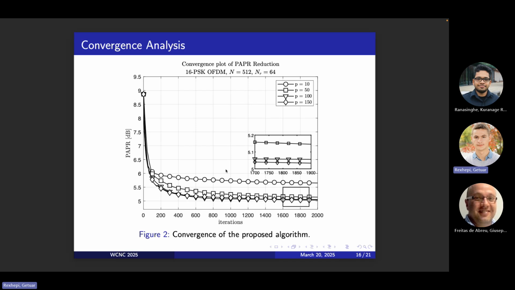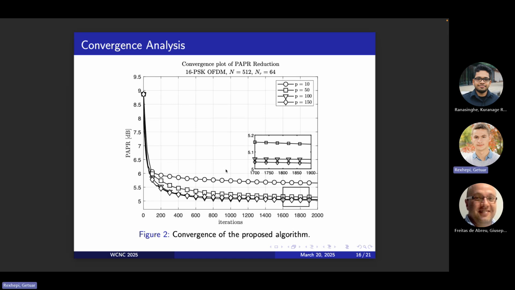modulation. As can be seen in the legend, we use different values of P for the P-norm approximation, but as long as P is in the range of hundreds, or even 50, it doesn't matter if you go higher. It's sufficient if you choose P of 100, and then you reach almost as good as P at infinity.